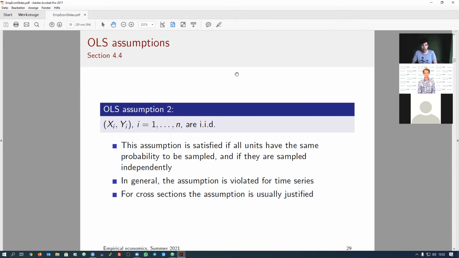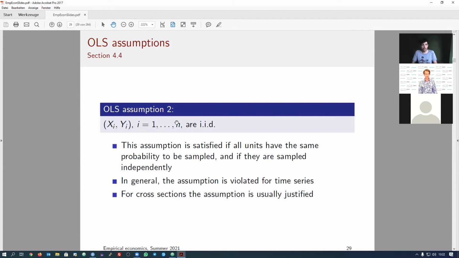So we would not have independently sampled interest rates if we observe the interest rate, for example, over a whole year. In this case, this second assumption would be violated. But usually for the cross sections that we are looking into, this one is justified.